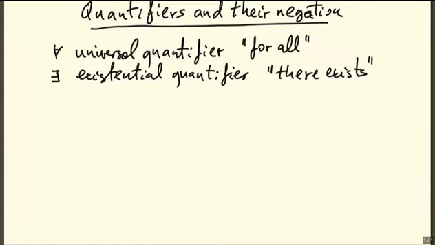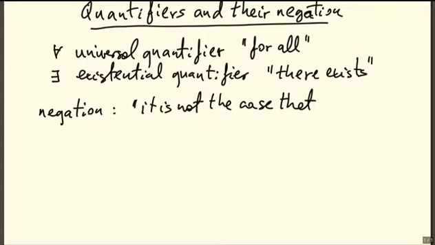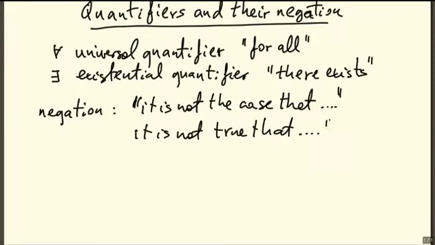So the general rule is that if you want to negate something, negation, you can also say with words that it is not the case that, and then the mathematical statement that you want to negate, or simply we just say that not, or it is not true that something is true, or some statement.